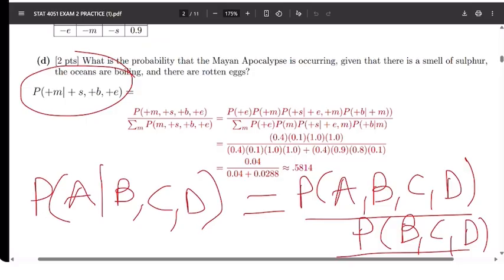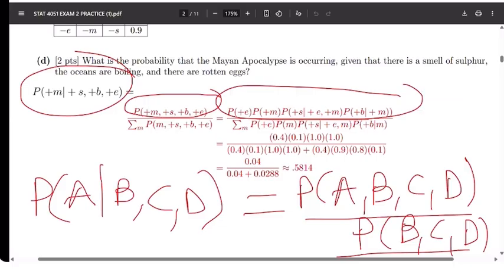And that is exactly, please pay attention. If you look at the numerator, the probability of the joint, the same way that I did the other time, if I have the probability of A given B, C, D, I can actually switch that.